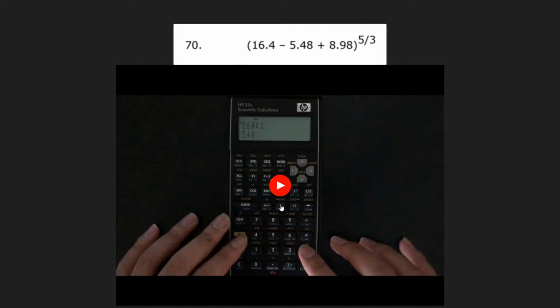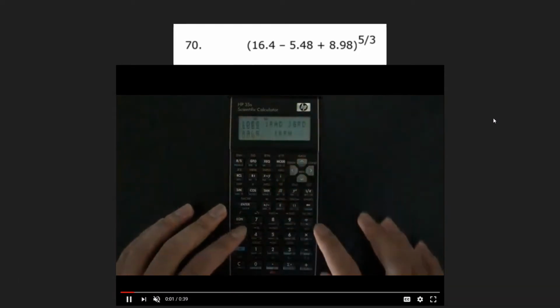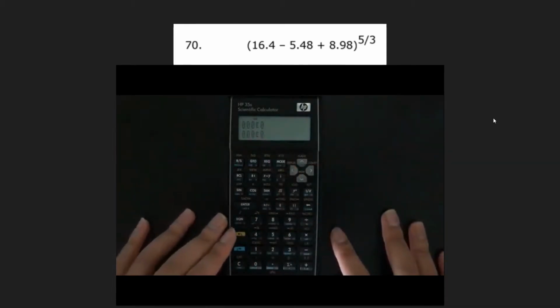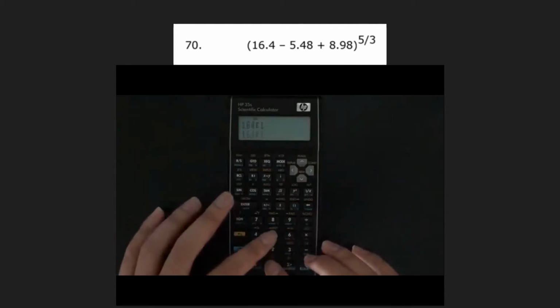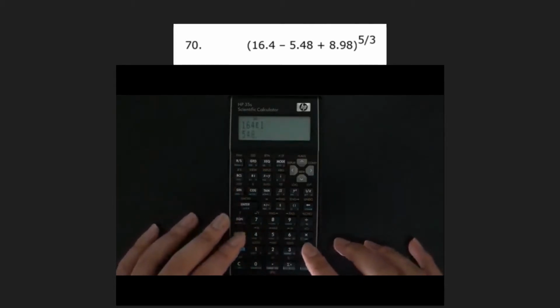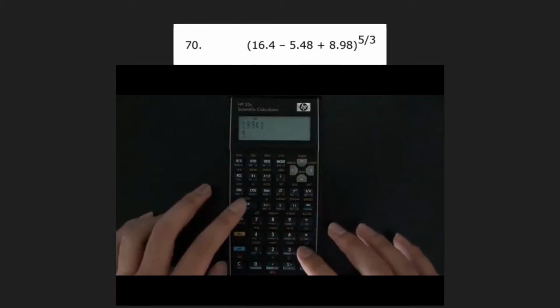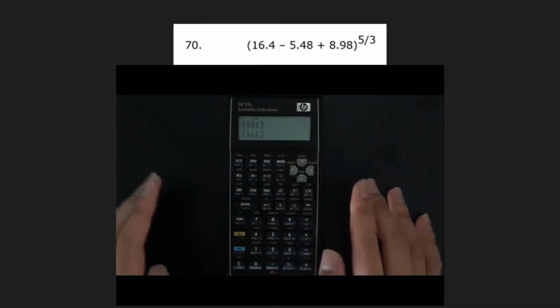There's two ways to do this one, so I'll just show both. Start off by going back to degrees. Now it's gone. So 16.4, enter, 5.48, subtract, 8.98, add, 5, 3, divide, and then do your exponent.